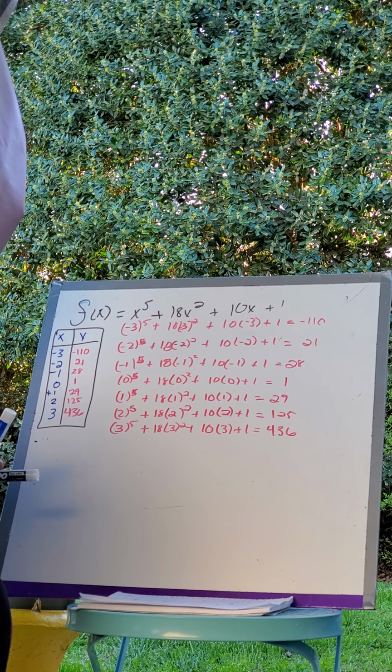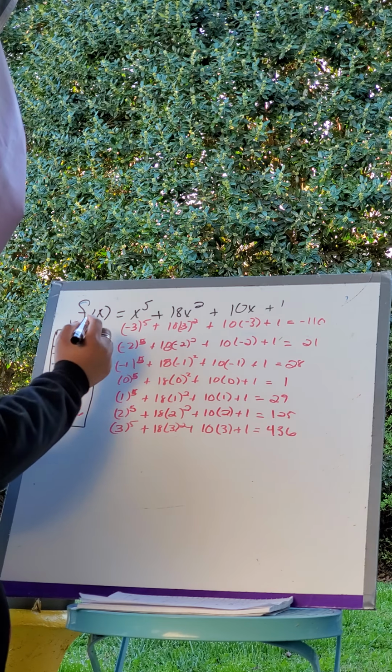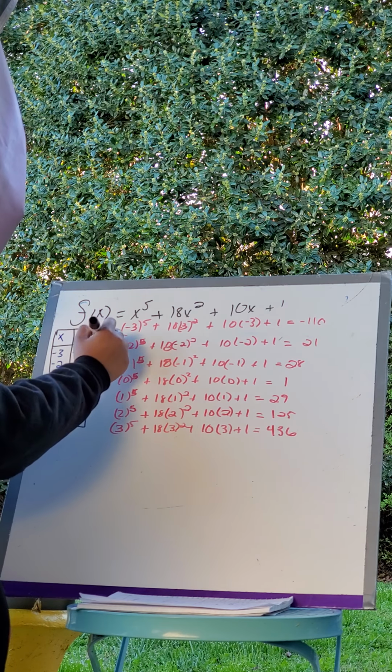So now let's look at this chart. When we look at this chart, looks like from here to here, we're increasing. Here, we're decreasing.